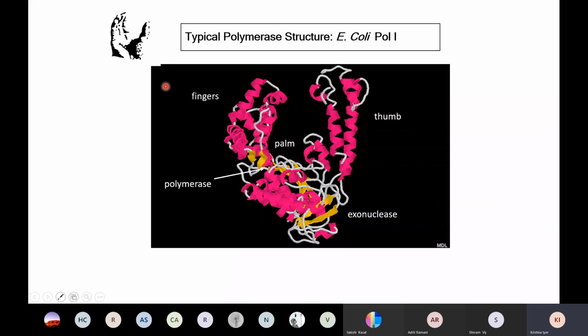And how does this polymerase look? A lot of people, if I talk about it in a lightly philosophical or maybe spiritual fashion, say DNA polymerase almost looks like a hand. See this, the palm of your hand.